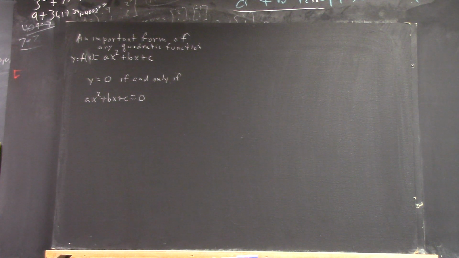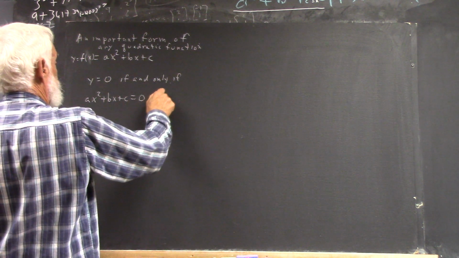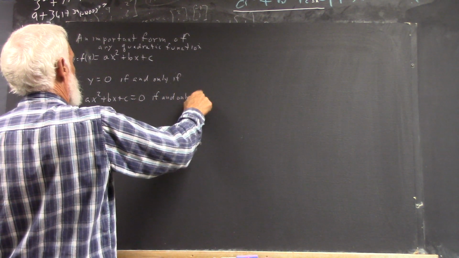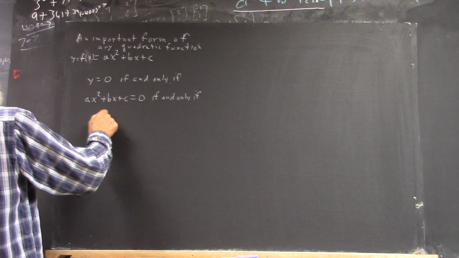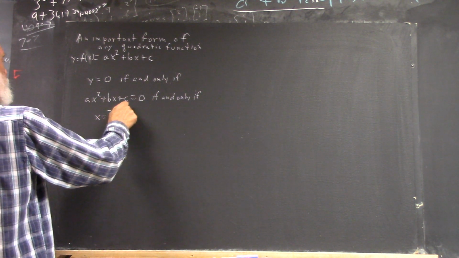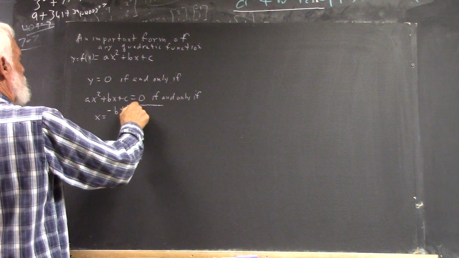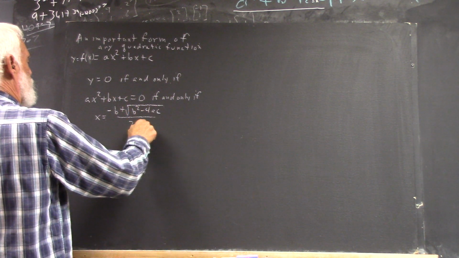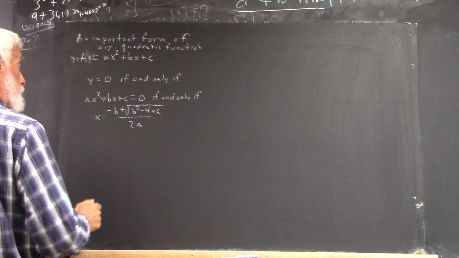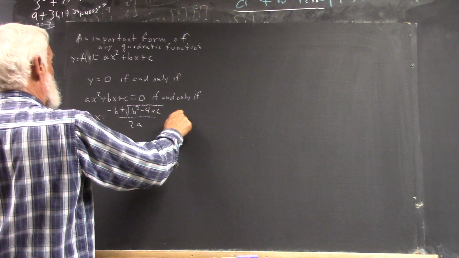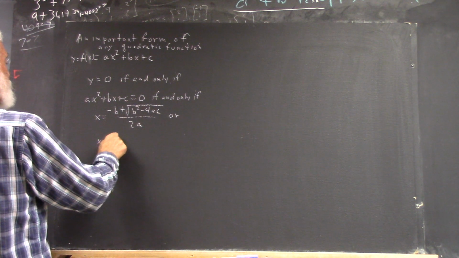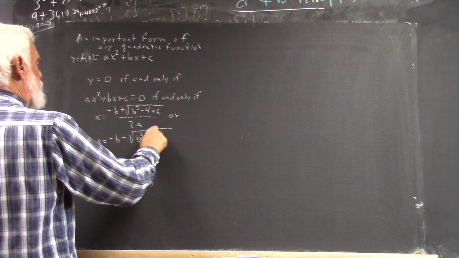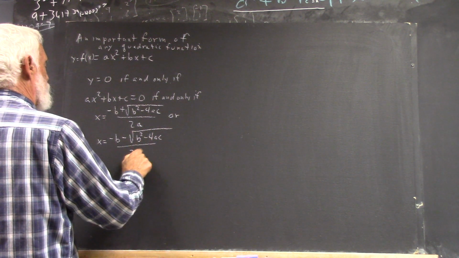Okay? And that's true if and only if x equals negative b plus the square root of b squared minus 4ac all divided by 2a, or x equals negative b minus the square root of b squared minus 4ac over 2a.